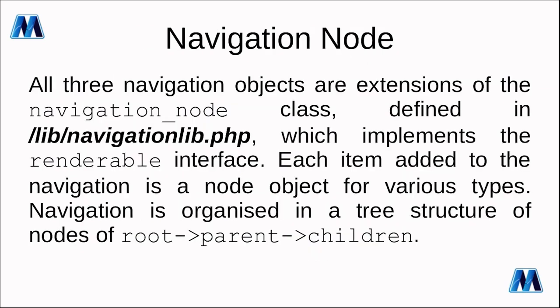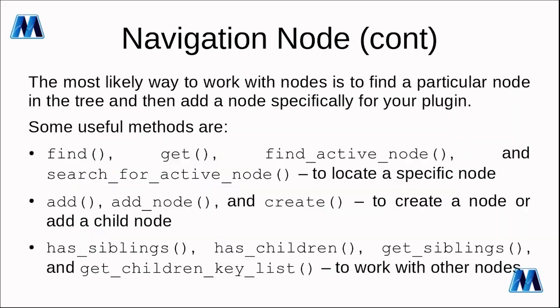All these three navigation objects are extensions of the navigation_node class, and that's defined in the navigation lib.php in the lib folder, which implements a renderable interface, which means user interface. Okay. So each item added to the navigation is a node object for various types, and obviously it's organized in a tree structure of root, parent, child.